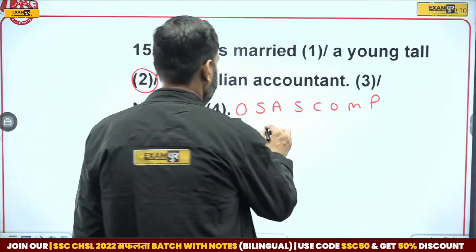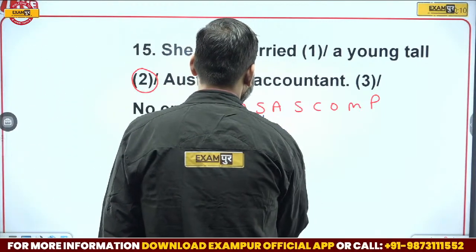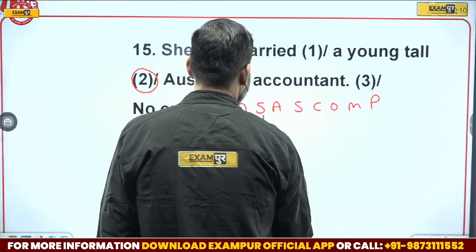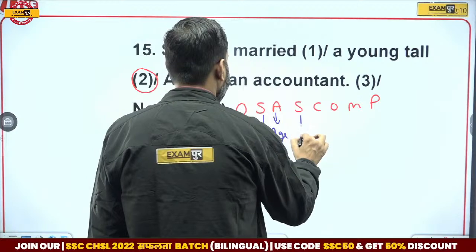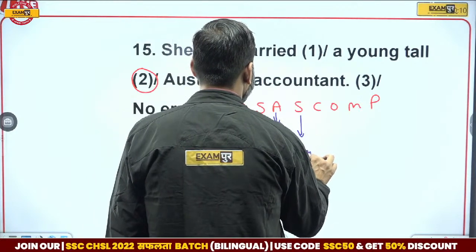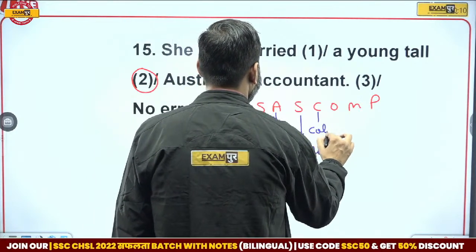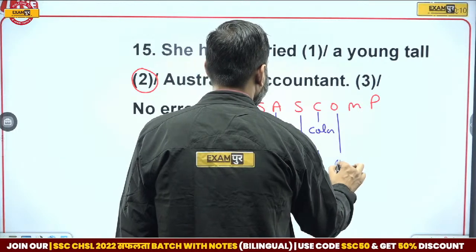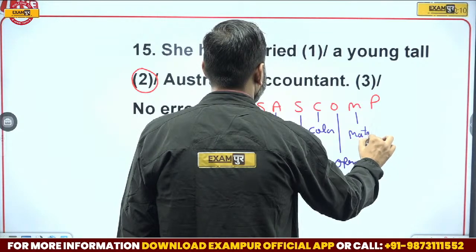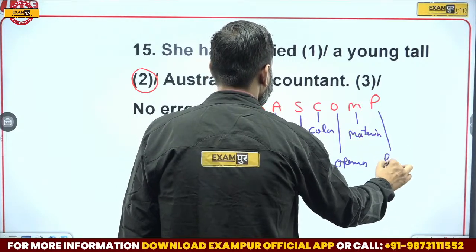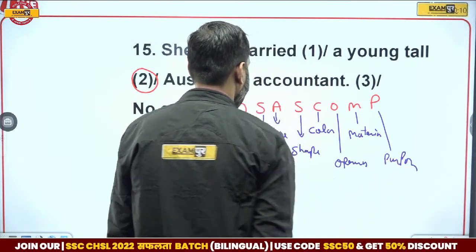Okay. Now, size. Okay, after size, age. After age, shape. After shape, color. After color, opinion. After opinion, material. After material, purpose. Okay.